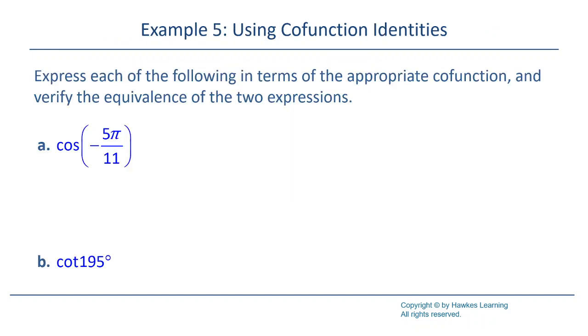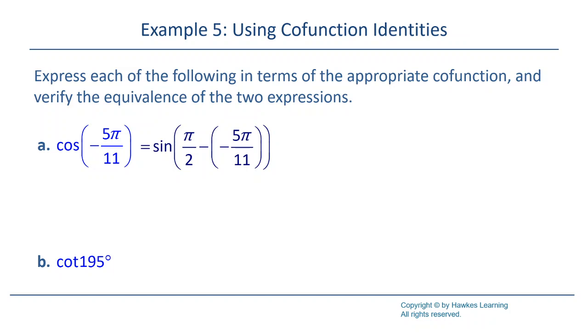So we're not going to actually solve these, but we're going to verify the equivalence using the cofunction formula. So cosine of negative 5 pi over 11, that's going to be sine of pi over 2 minus theta. And notice it does turn out to be minus a minus.